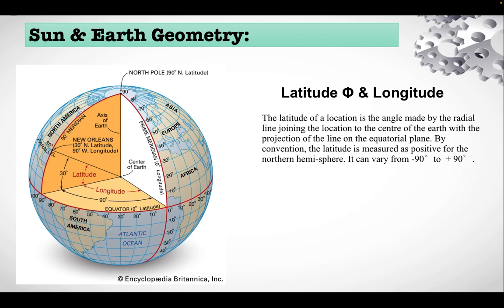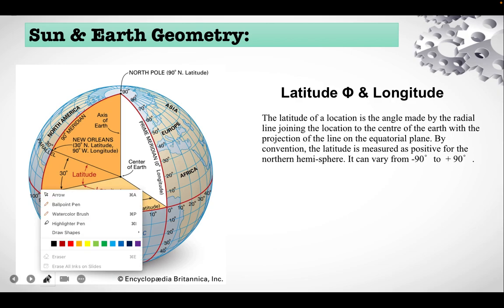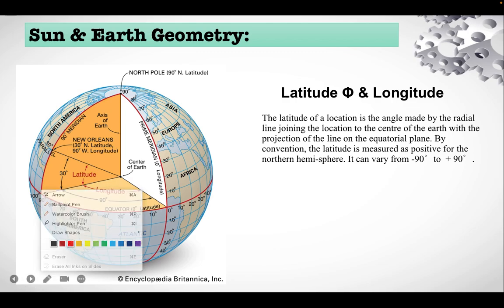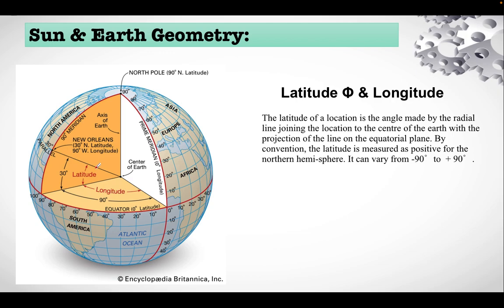You can see here, this particular angle is known as latitude, and it is denoted by the angle phi. This latitude is important whenever we carry out numericals on solar energy.